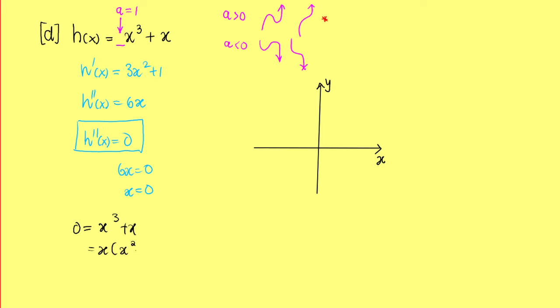You have x squared plus 1. That means that x is equal to 0, or x squared is equal to -1, and there's no way that you can get a square root of a negative, so the only intercept it has is at 0. Let us draw it now. That's our cubic function.